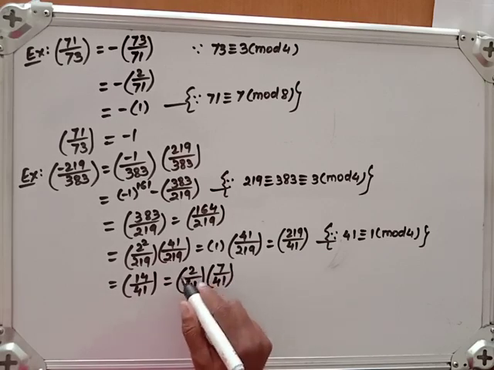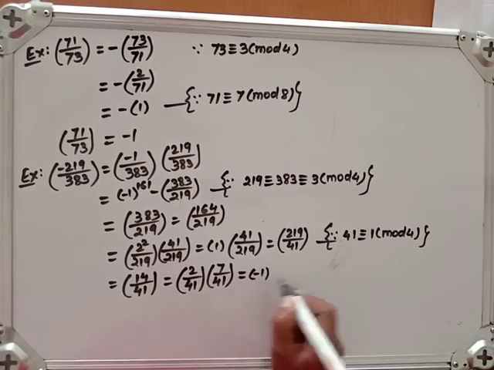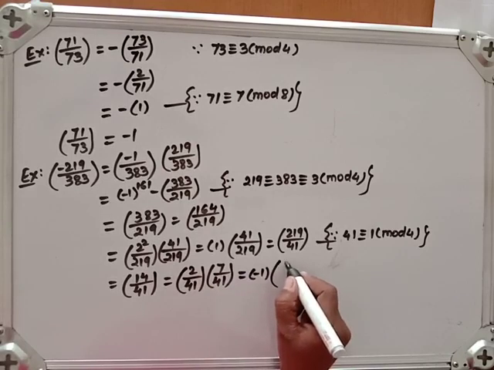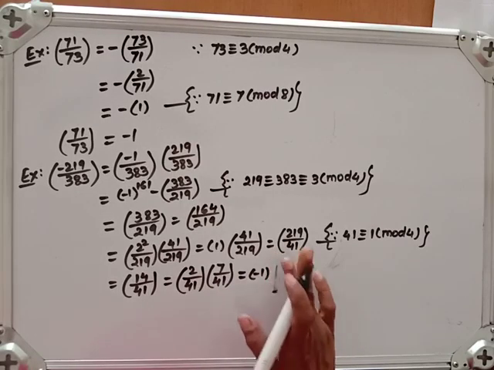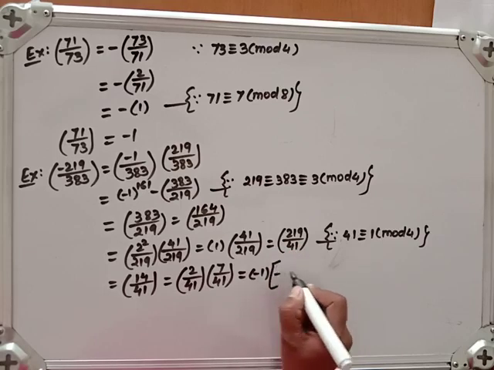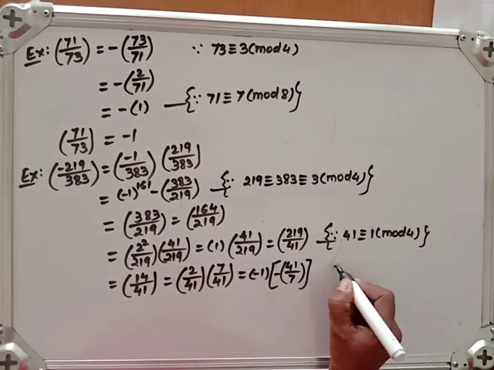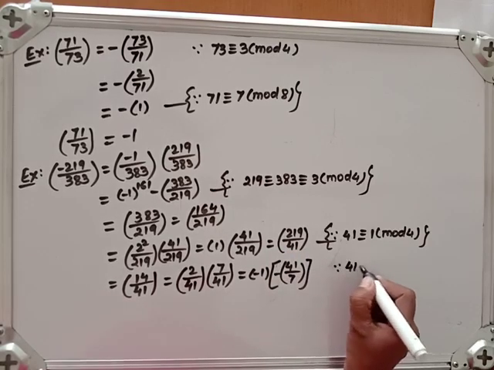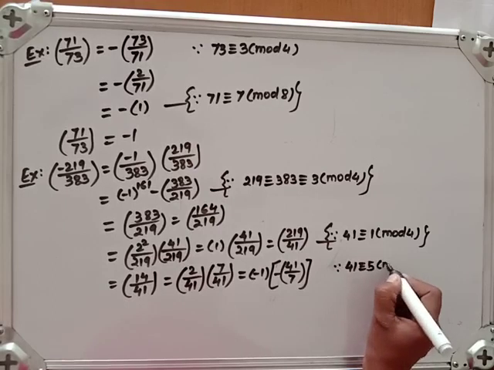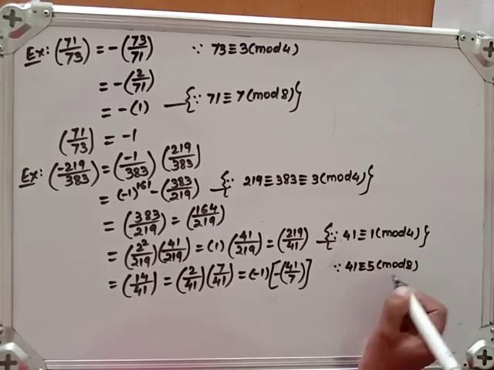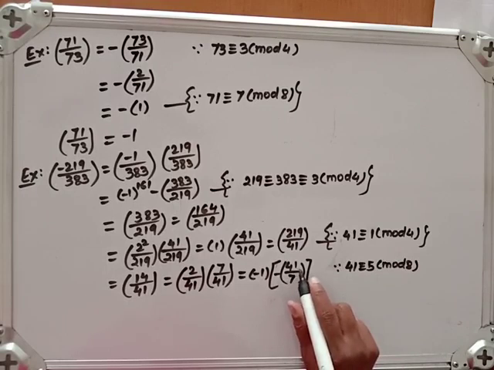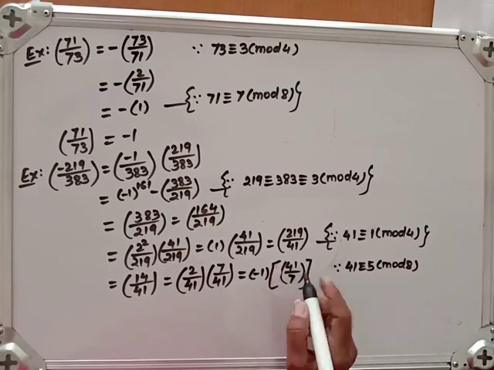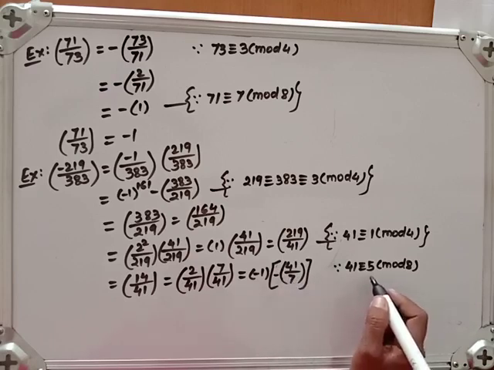Now the Legendre symbol of 2 by 41 is what? Minus 1. Why? Because 41 is congruent to 5 modulo 8. And the other one is minus the Legendre symbol of 41 by 7, because 7 is congruent to 3 modulo 4.